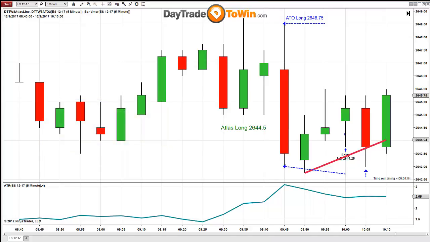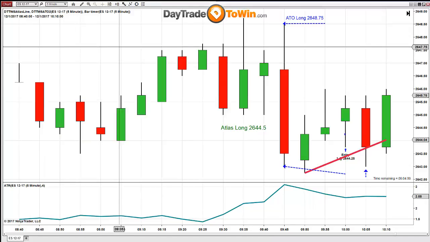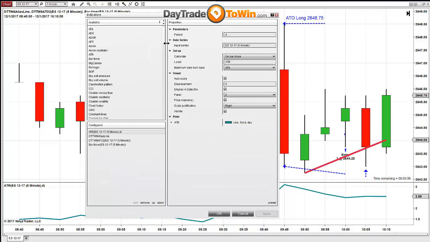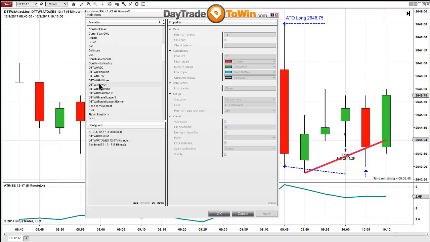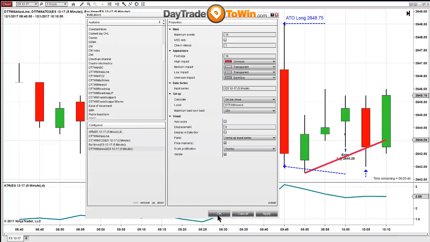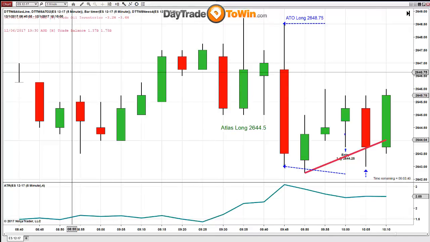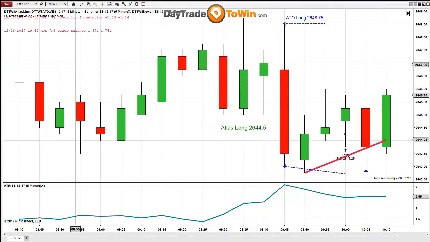Let me show you the calendar that I use in case you're wondering. Not only can you download the news indicator, which is actually right here, it's a free news indicator that I provide to everyone, whether you're a client or not. You can download it on DayTradeToWin.com under free software. You'll be notified when there's a news event.